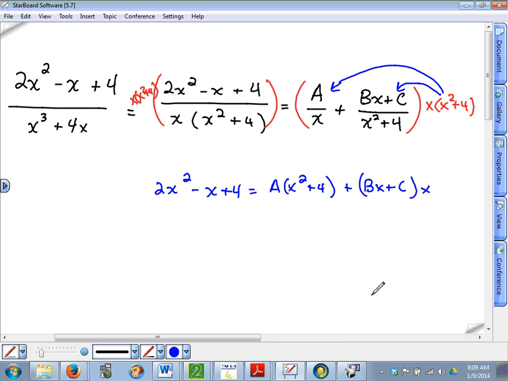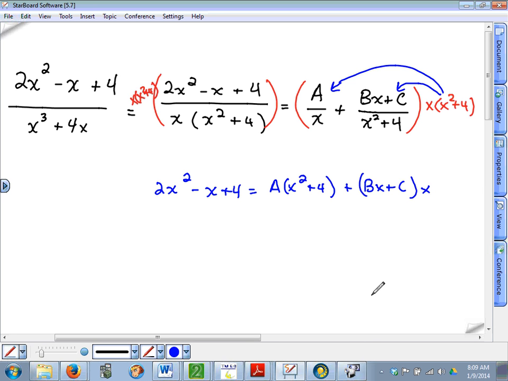Okay, this is going to require some thought. Are there any values of x that would cause an entire piece of that to disappear? 0. Which term are you thinking of then? Which term disappears if x is 0? I agree with you there. So if this term disappears, what could we solve for?